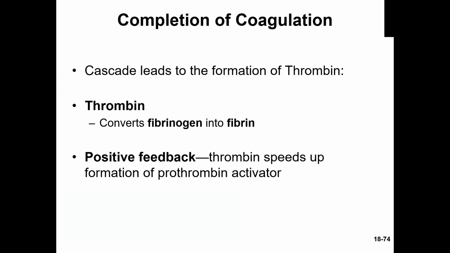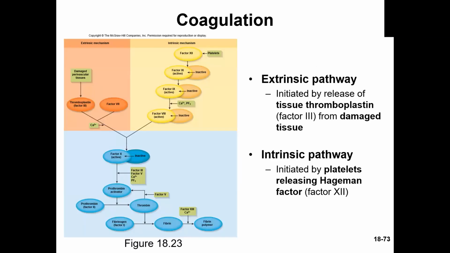So when these cascades get rolling, they will eventually form thrombin. If you look, I bumped the slide up, page 73, you can see on the bottom, it pulls you out of the extrinsic mechanism or the intrinsic. They're both activated through tissue damage or whatever's happening on the inside.